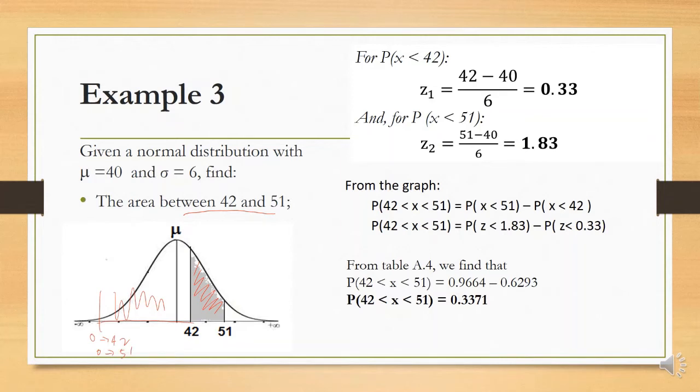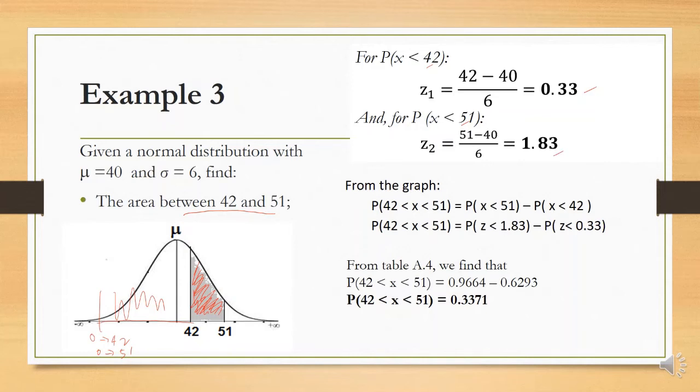Wala tayong reading ng eksakto sa table ng 42 to 51. So, ang gagawin natin mauna is to convert 42 and 51 to the standard normal variable. So, when we do that, we have 0.33 for 42 and 1.83 for 51.